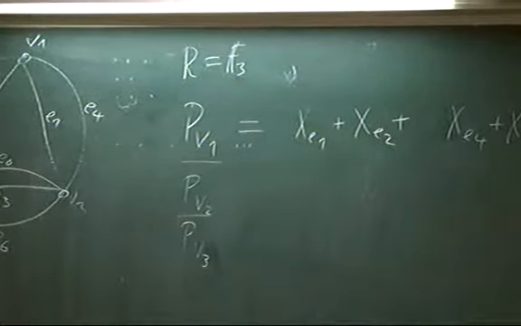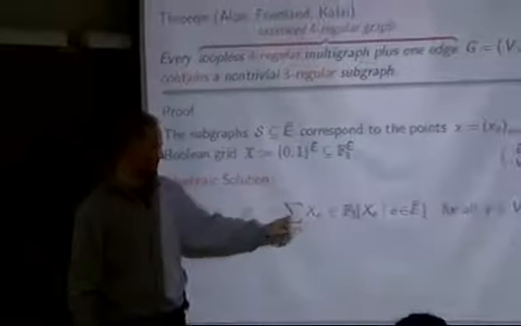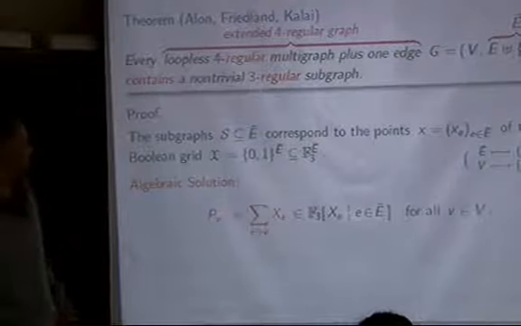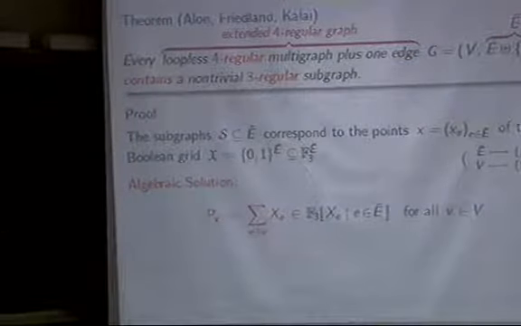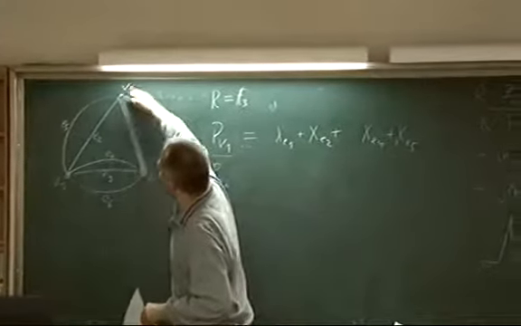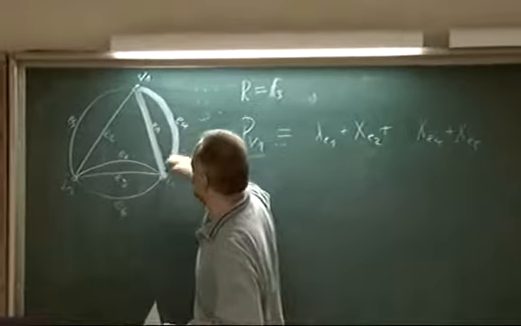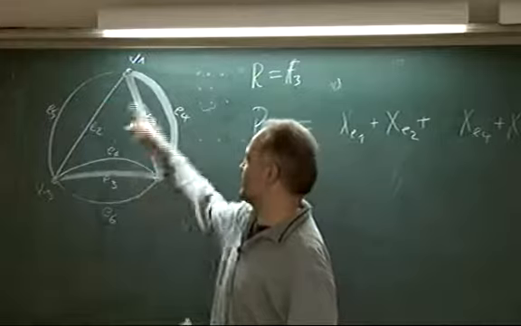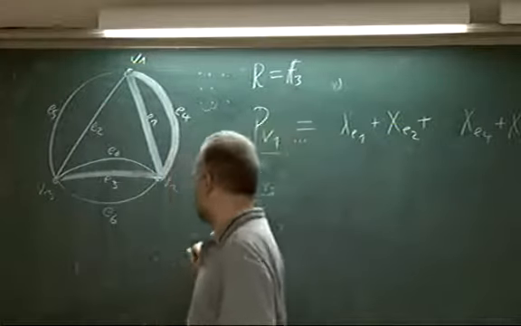And what about the simultaneous zeros of these polynomials? I say the simultaneous zeros here are 3 regular subgraphs. If you take this correspondence, so let me explain the correspondence. If you take a subset like this, and let's say this edge, that's 3 out of 7 edges, so we have here 7 tuples.